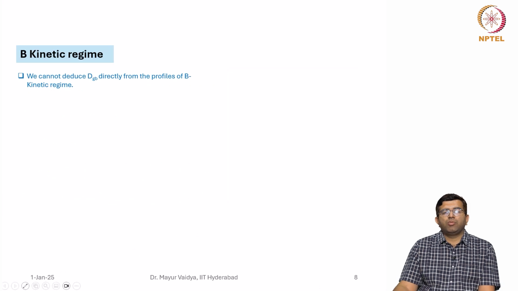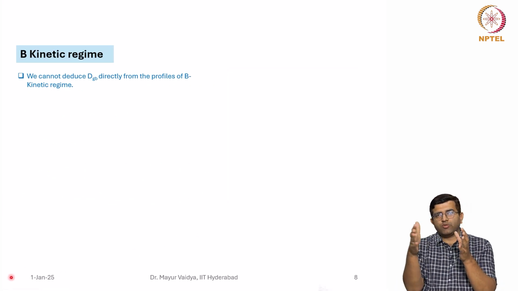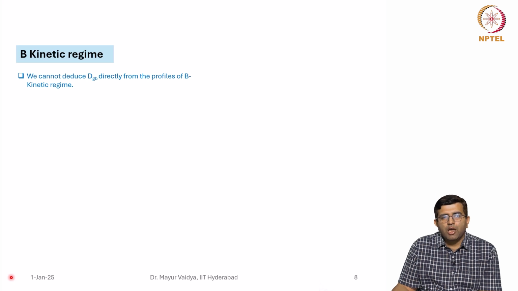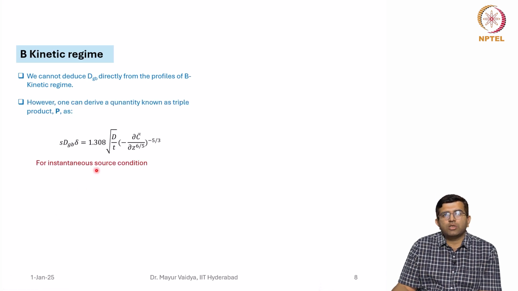Now, because of the dual nature of the profile, you cannot deduce the D_GB directly, but what you can deduce is the quantity known as the triple product, which is the product of s into D_GB into delta, using an expression of this sort for the instantaneous source condition.